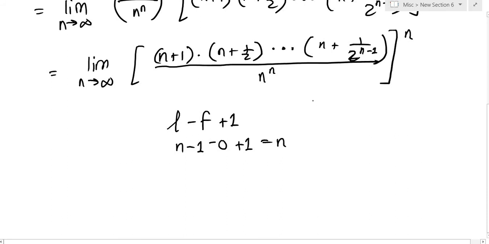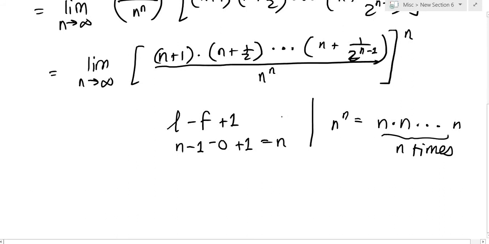And n to the n is just multiplying n with itself n times. So one observation is there are n terms in the numerator, and n is multiplied with itself n times.